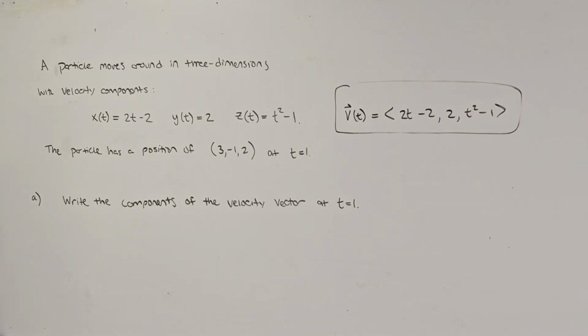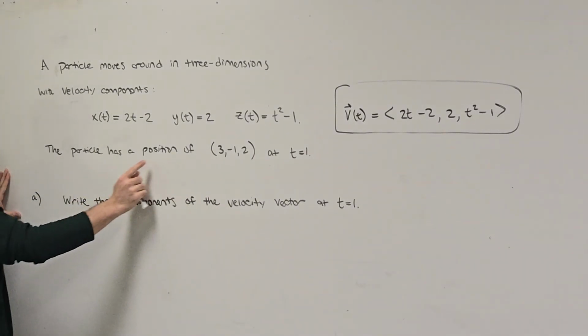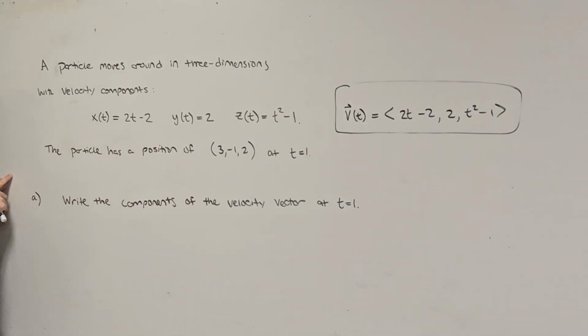So how do you know that it's like our first derivative? Just because it says the dimensions of the velocity. It would have said position if it was the original. Now I am given something about the position. If you want to mark this in your notes, this is the initial condition.